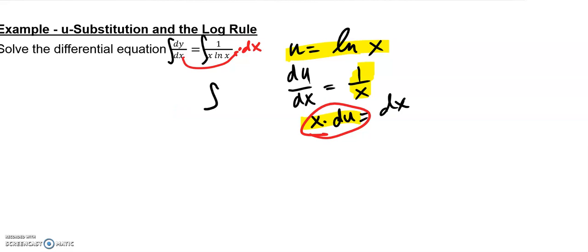But then when we integrate, you get the 1 over x times u times x times du. You can see that that x and that x will cancel, and so you really just have the integral of 1 over u du. And we can integrate that. We know that that is going to be the natural log.